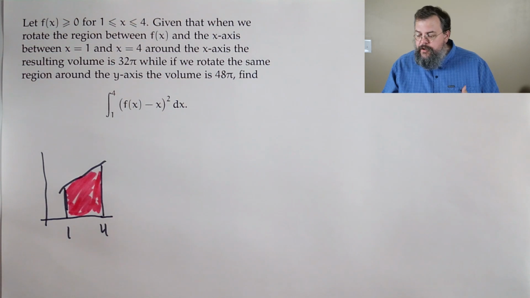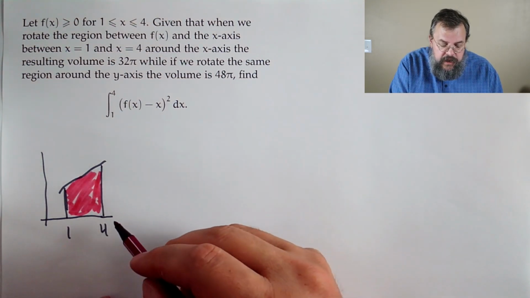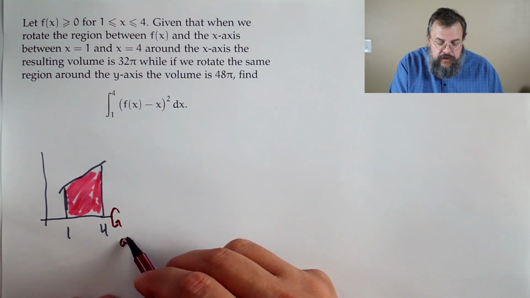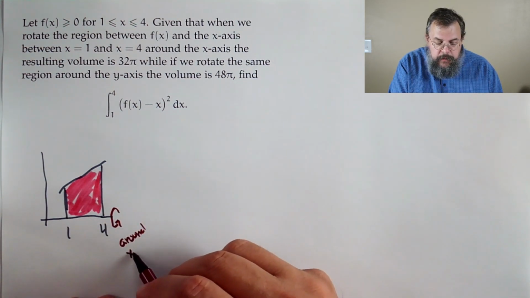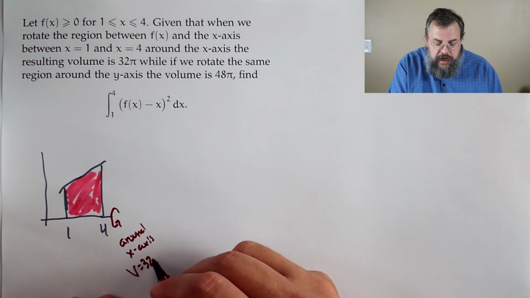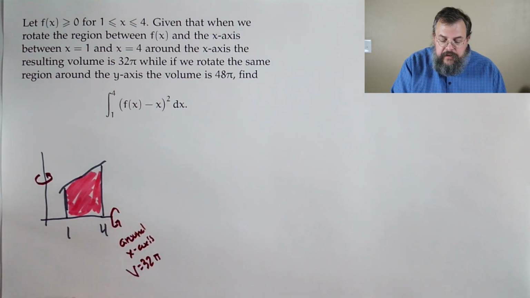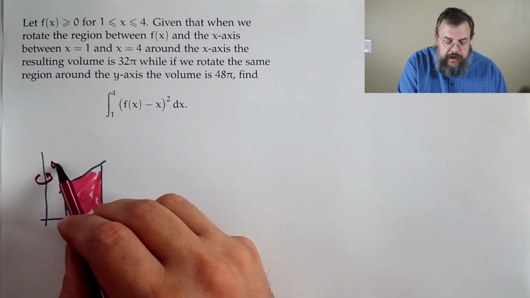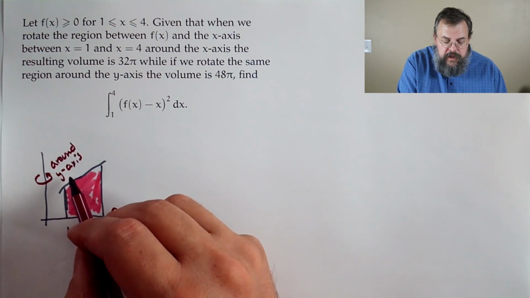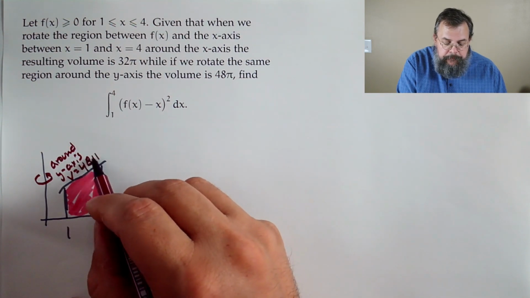Okay, so we're told something. We're told that when we spin around the x-axis, the volume equals 32 pi. And then over here, when we spin around the y-axis, we get that the volume is going to be 48 pi.